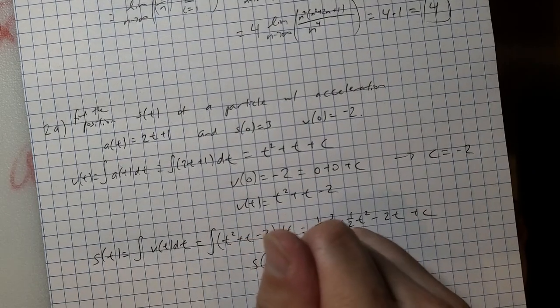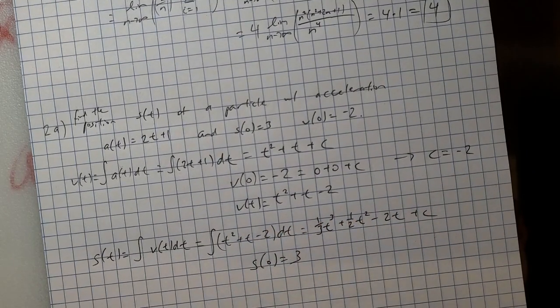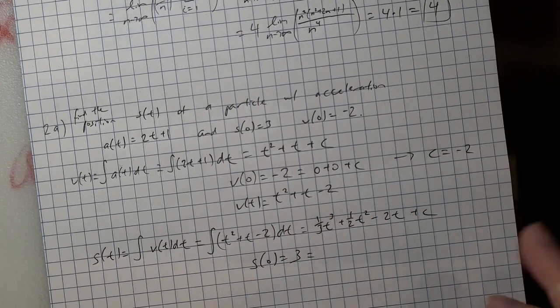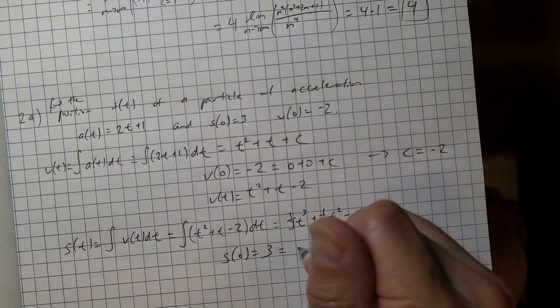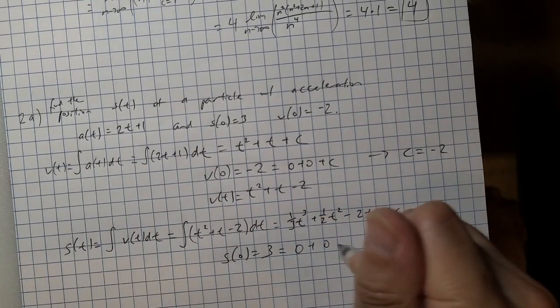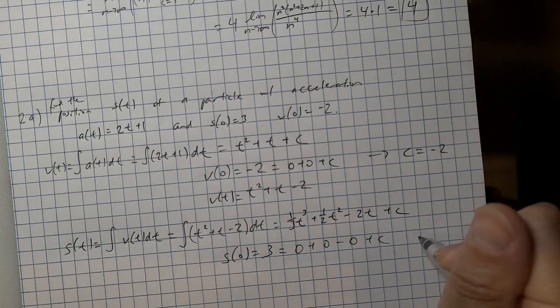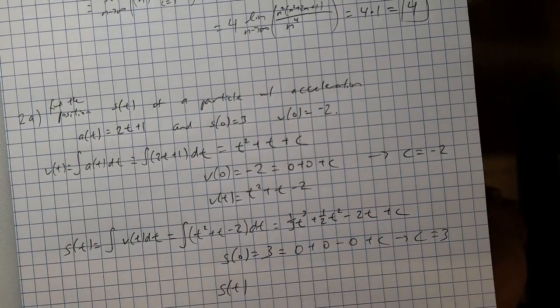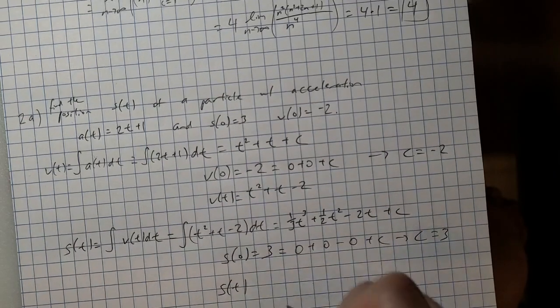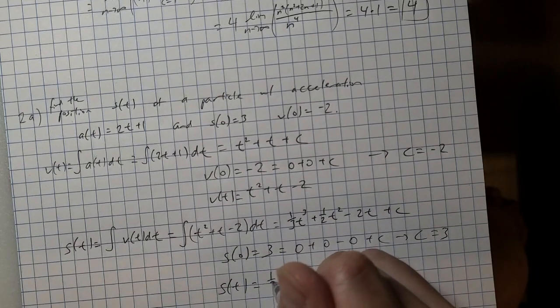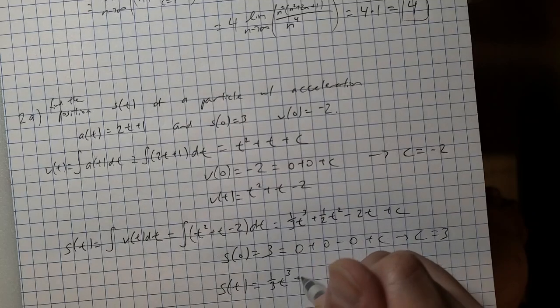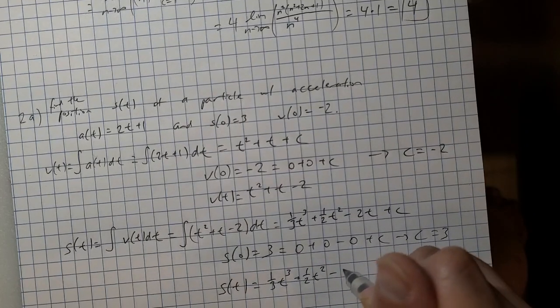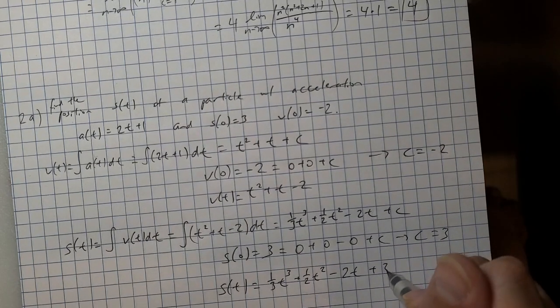We are given that s of 0 is 3. So that is 0 plus 0 minus 0 plus c. So c is equal to 3. So s of t is equal to 1/3 t cubed plus half t squared minus 2t plus 3.